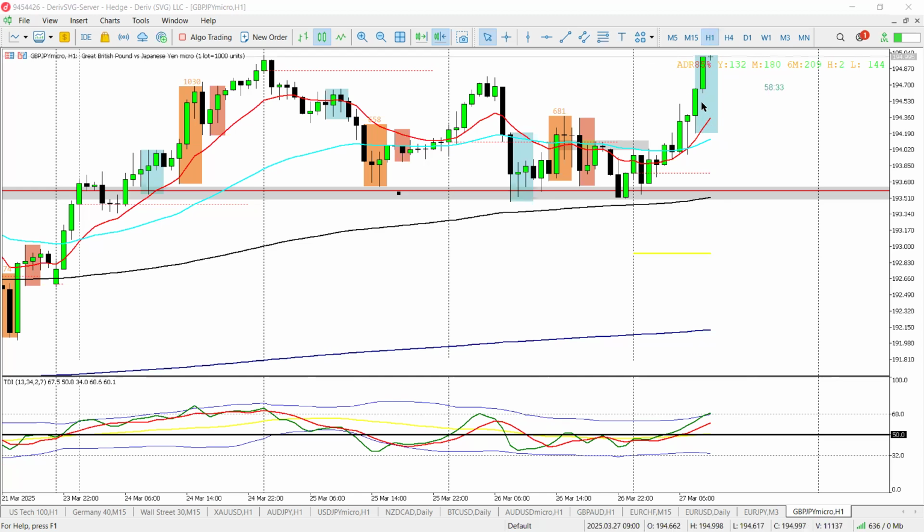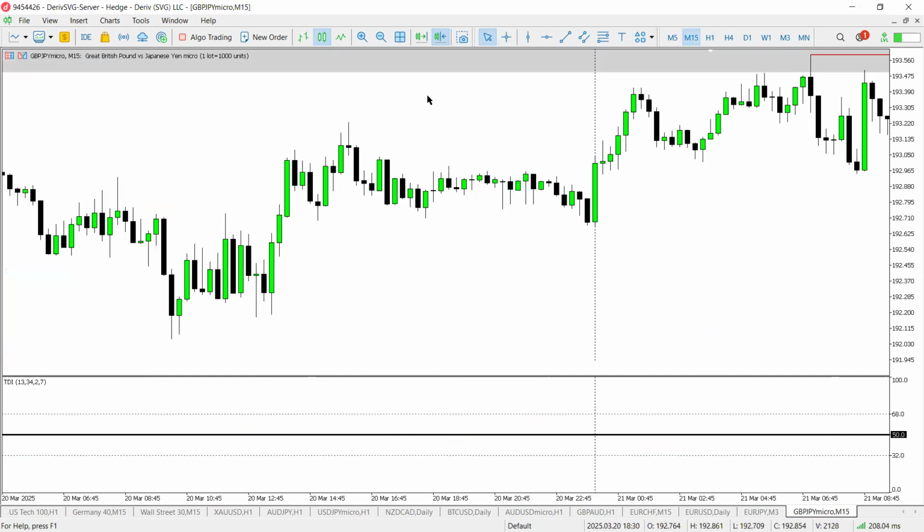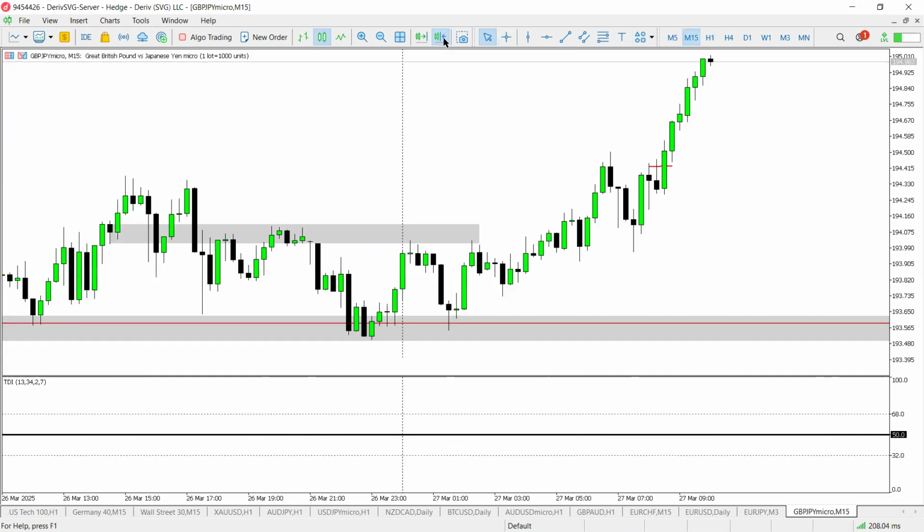So this little blue zone, you see that was my London Open, which is my kill zone time. So just to my left, you see we had this wick right here coming into this order block here. That right there for me was the stop hunt I needed to see for me to actually commit to buys. So jumping down to M15, let's see what we had on M15.